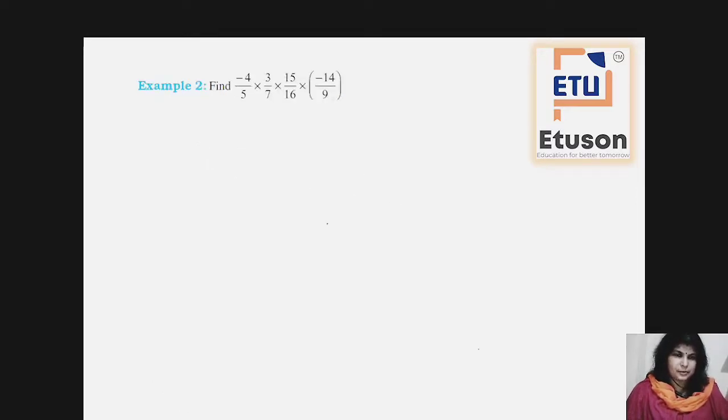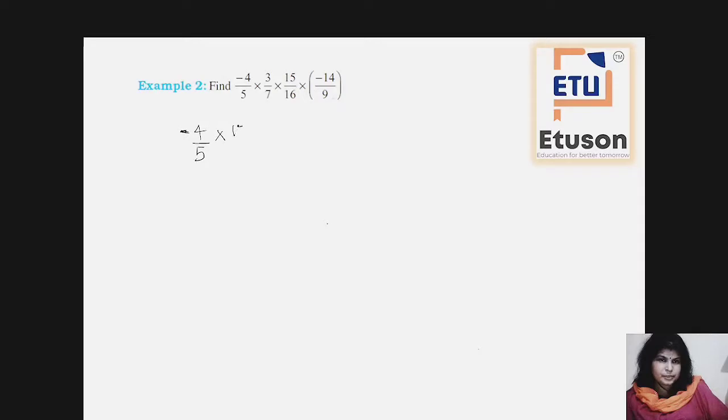So let us take one more example. Here we are doing multiplication. First we will use the commutative law. So I will take minus 4 by 5 into 15 by 16 first, then I will take 3 by 7 into minus 14 by 9.